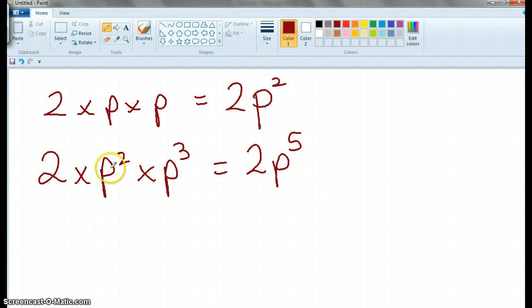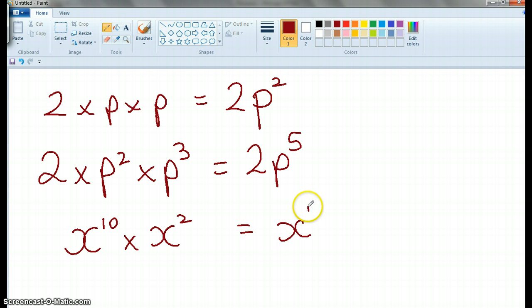Nice. p times p times p times p times p. What about x to the power of 10 times x to the power of 2? 12.